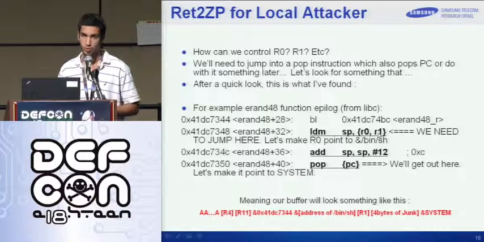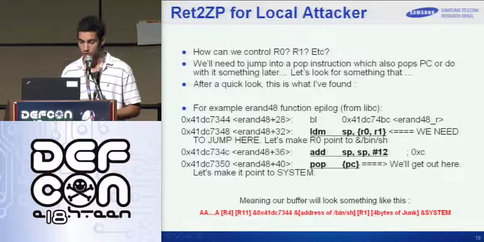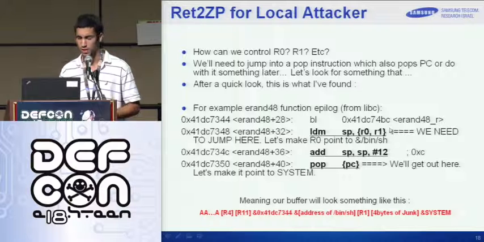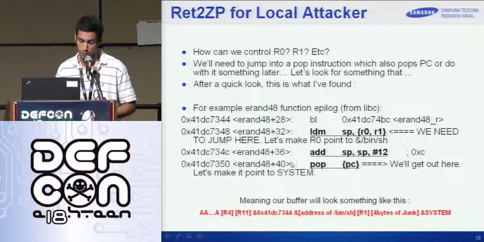We'll put any values that we want in there. Also, you can see the stack pointer is lifting itself by 12 bytes. So there will be R0, R1, and an extra 4 bytes. And then you can see pop PC. So we get 4 bytes of junk. So what we want to do after the buffer, we put AAAs, then R4, R11, depending on how it's compiled.